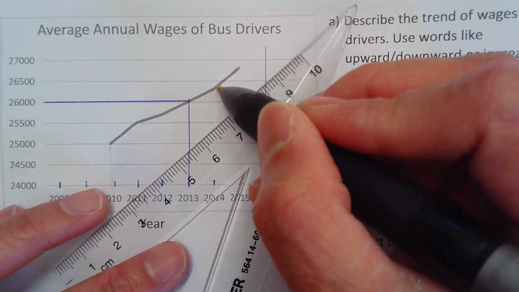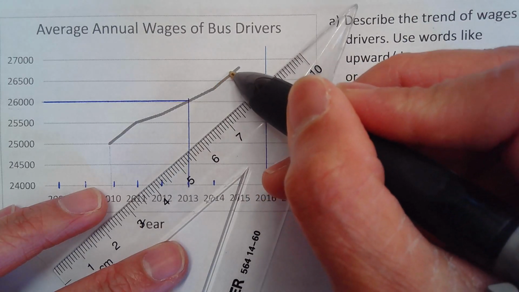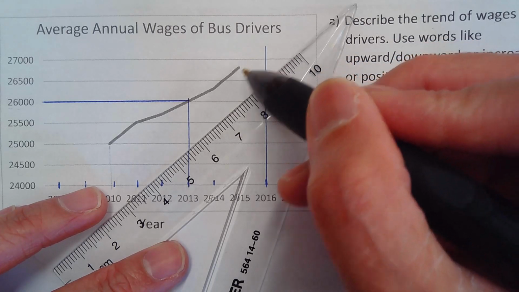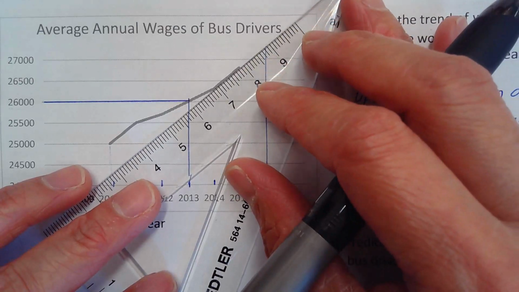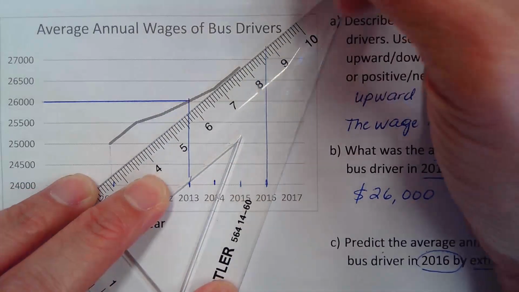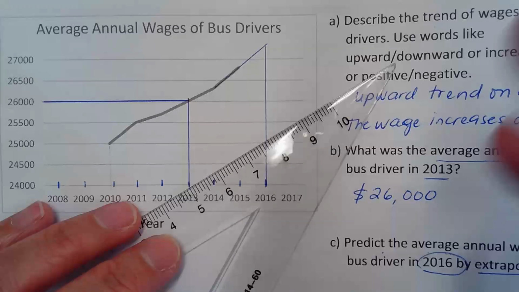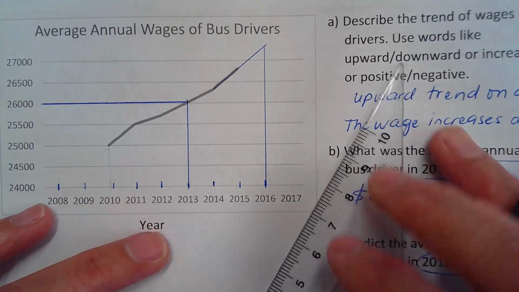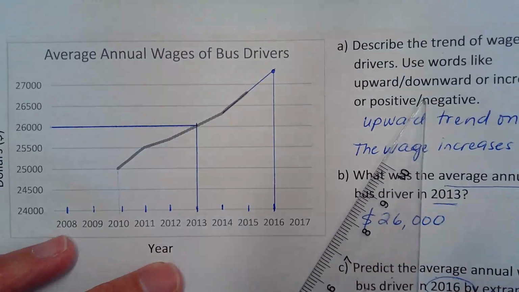We're gonna predict that this line is gonna continue on. Is that okay? We're gonna predict that this line is gonna continue on. So extend this line as well. I'm going to extend that line. So they meet at that particular point.